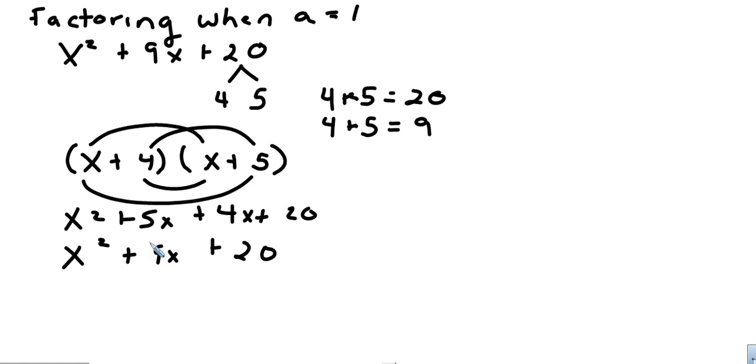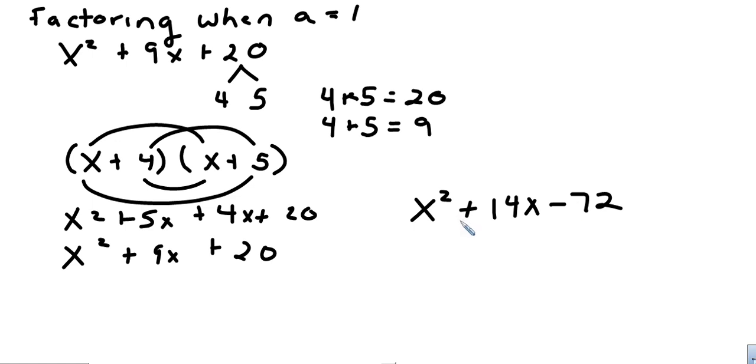Let's do another one very quickly just to make sure we have the hang of this. x squared plus 14x minus 72. Here's where knowing your multiplication tables comes in very handy. We start looking for factors of negative 72 that add up to positive 14. Now notice this c value is negative, and yet the center term is positive. So I know one of my factors is going to be positive, one of them is going to be negative, otherwise it would not multiply and give me a negative number.